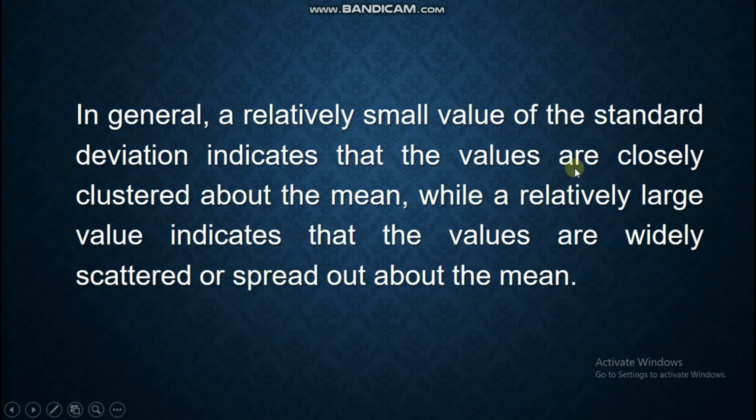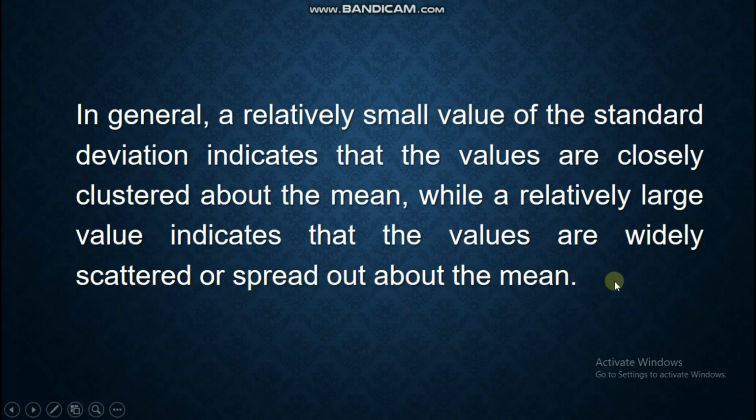Okay, so what does it imply? In general, a relatively small value of standard deviation indicates that the values are closely clustered about the mean. So if the standard deviation is relatively small, it only means that your data are more homogeneous, meaning the scores are similar to each other. While a relatively large value indicates the values are widely scattered or spread out about the mean.